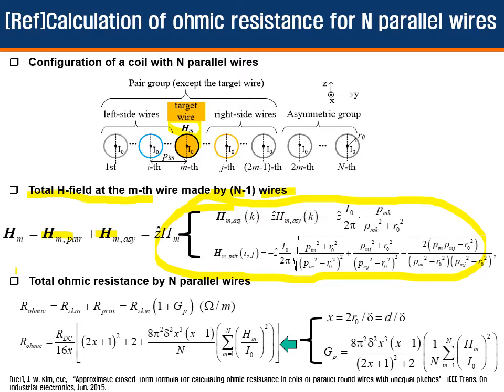Finally, we can obtain the total R ohmic resistance by M parallel wires. R ohmic is expressed as follows, and the Hm is replaced by this Hm, and then we can get the total ohmic resistance.